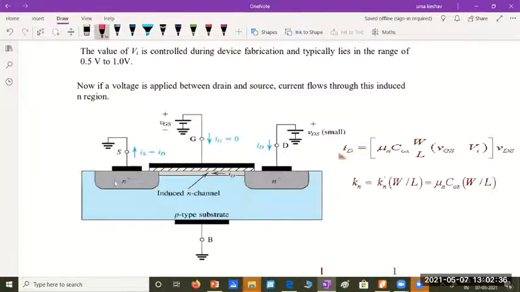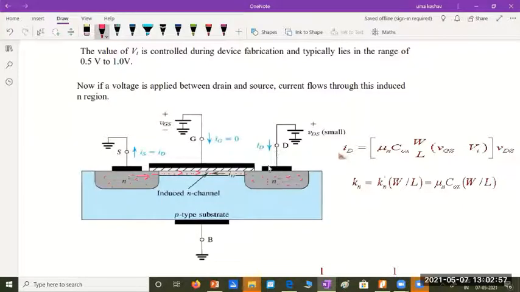So there are many electrons in this source region. Electrons will start moving through this channel towards the drain. Drain also has many free electrons. They move in this direction because we have a positive voltage connected at the drain.